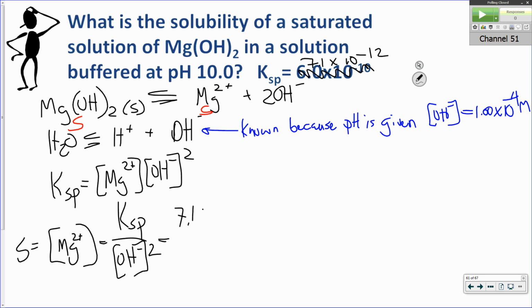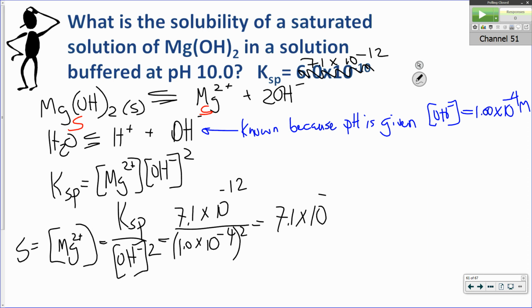Ksp is 7.1 times 10 to the minus 12. The hydroxide we said was 1.0 times 10 to the minus 4th. Got to remember to square it. So that's going to be 10 to the minus 8th. So 7.1 times 10 to the minus 4th molar, if I can do math right in my head.